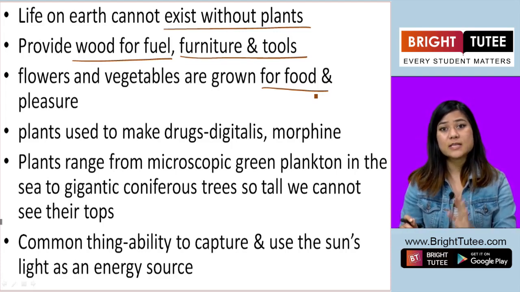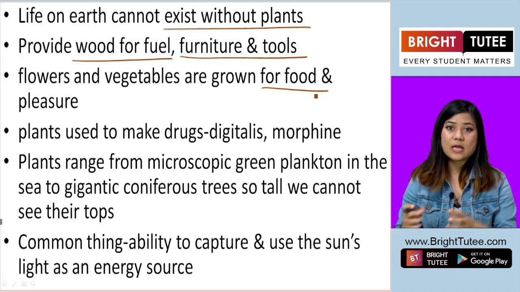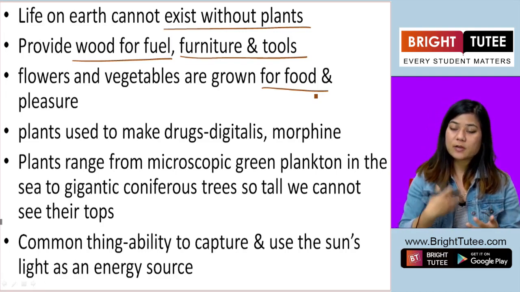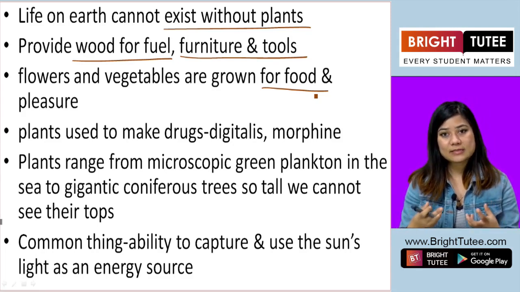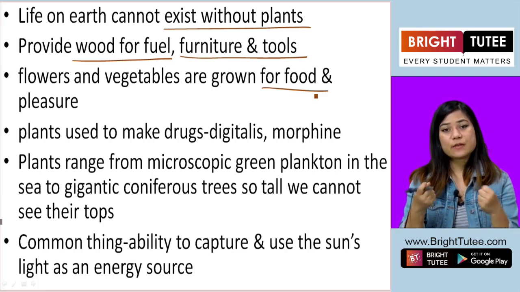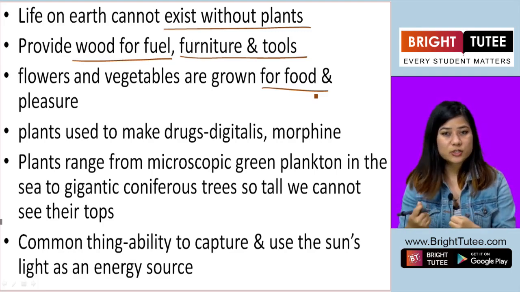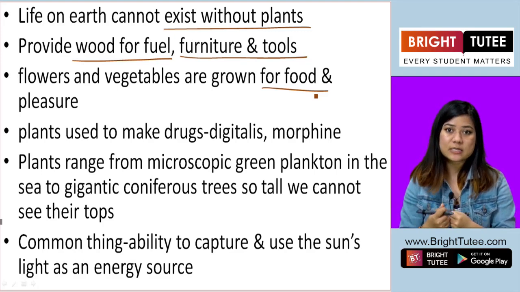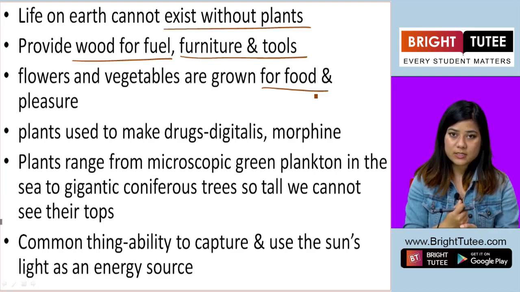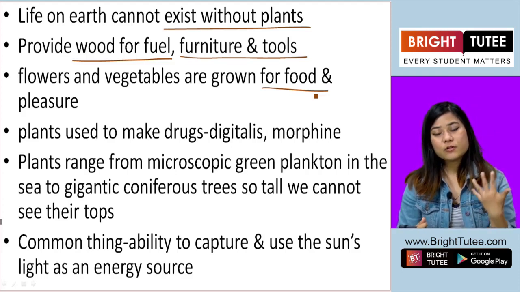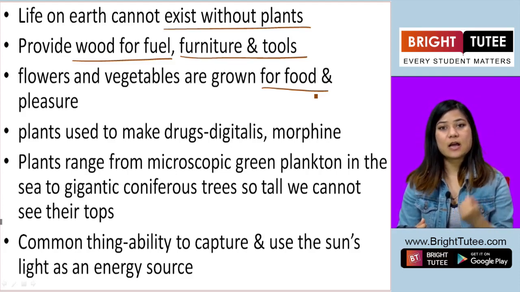We also get food from the plants when we grow them. When we are growing, that means human intervention is present in the growing of plants and trees. From there we get fruits, we get vegetables, we get medicine, etc. So the food that we get, we grow it, right? So we grow the plants, trees, and we get our food.